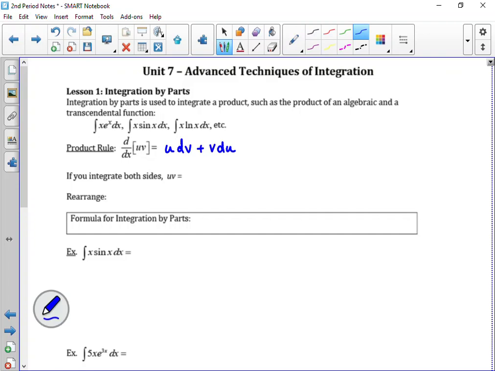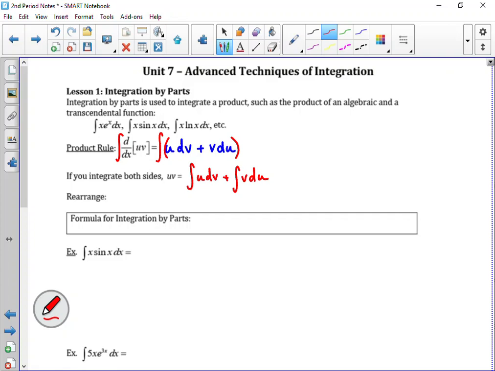Okay, if you integrate both sides, then what happens to the integral of the derivative? It just cancels out, right? And then I'm taking the integral of all of this, so this becomes the integral of u dv, and I'm going to split up the integral across addition and say plus the integral of v du. Okay? Everybody okay with that?